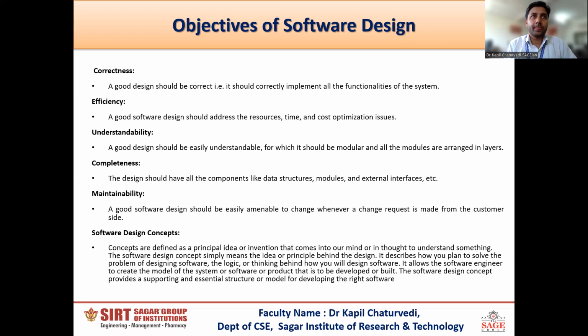Maintainability. Let's suppose one software developer is working on a software project, and after some time, when the project is completed, or sometimes when the project is about 70% complete, a new software developer joins that project. To understand the whole working and logic of that software, that developer will take the help of different designs.